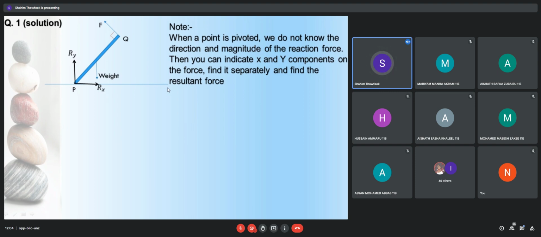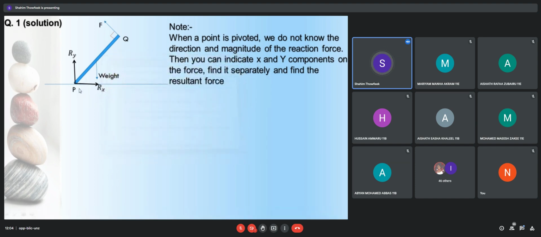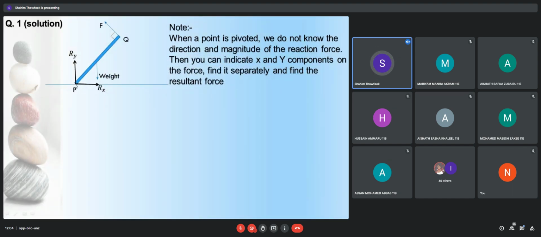If I choose the center of gravity, where weight is acting, no, because I don't know the reaction force at point P. I can't choose the center of gravity either. The best option is to choose point P. If you choose point P, then you don't need to worry about the reaction force at point P, because that reaction force has no moment about point P, right?